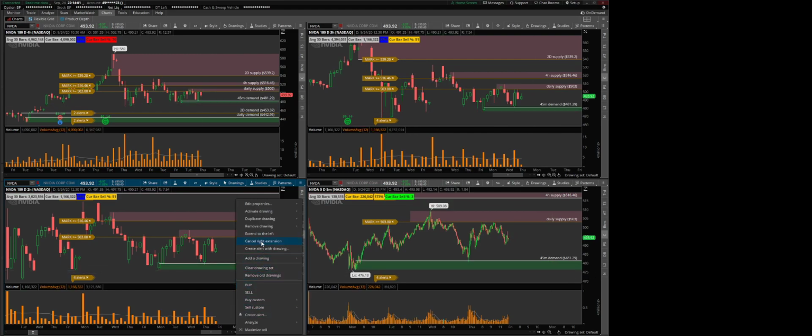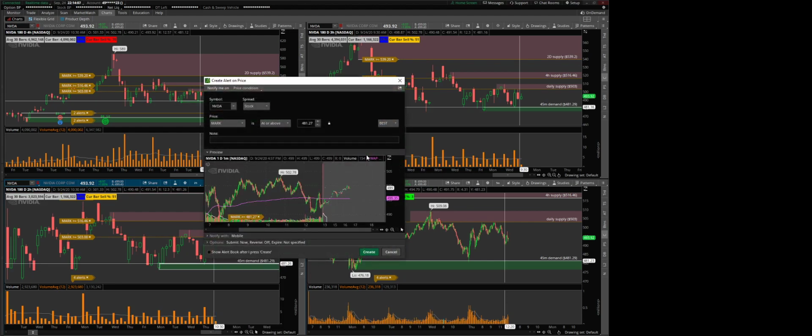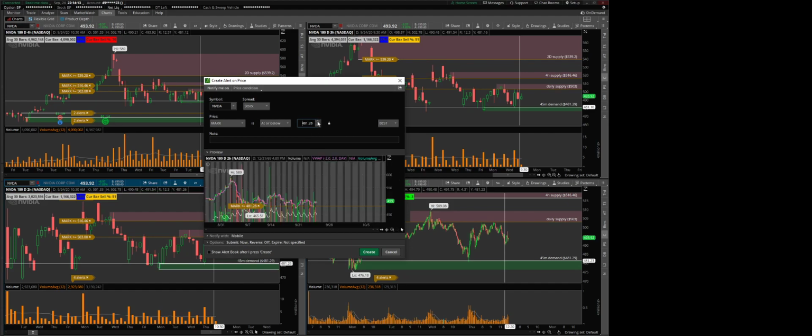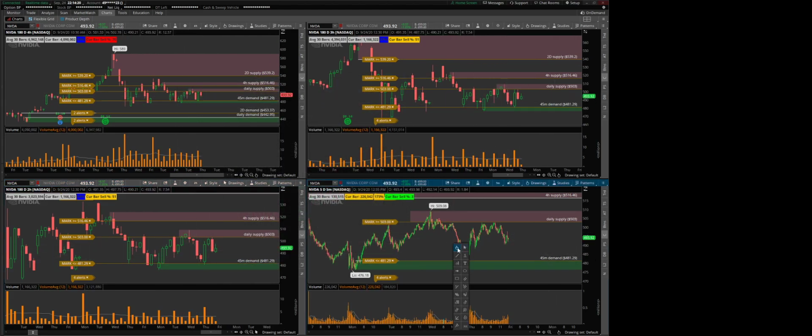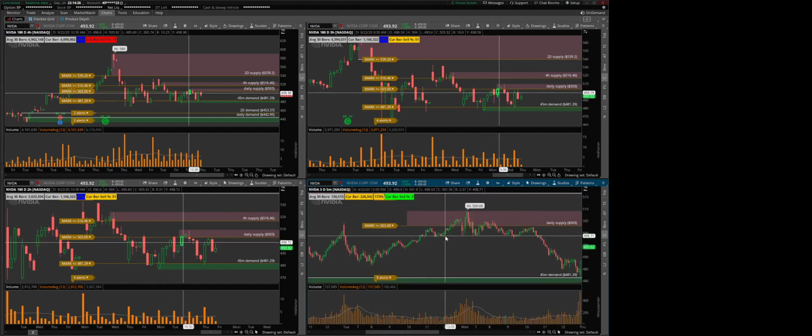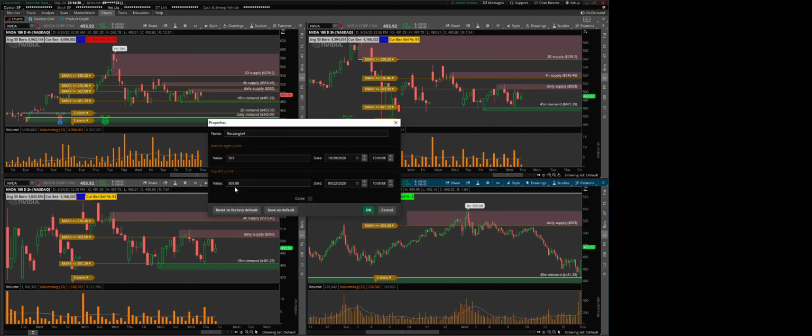Then 45-minute demand, create alert, 481.29. Did we clear this zone? What's the high of this zone? High is 509.08.